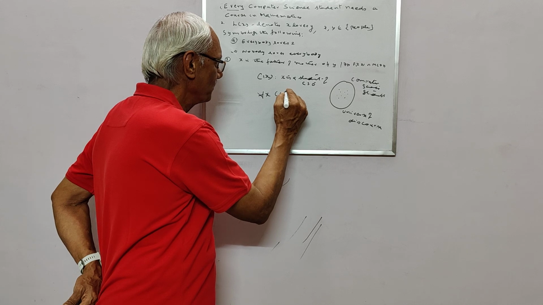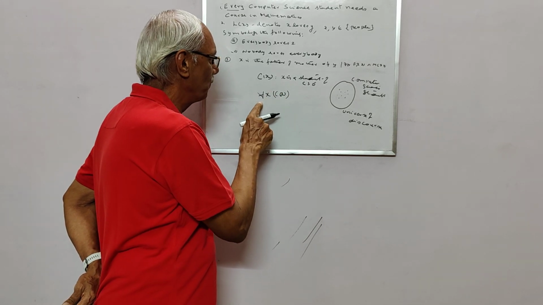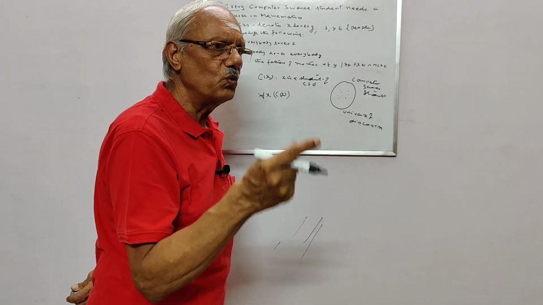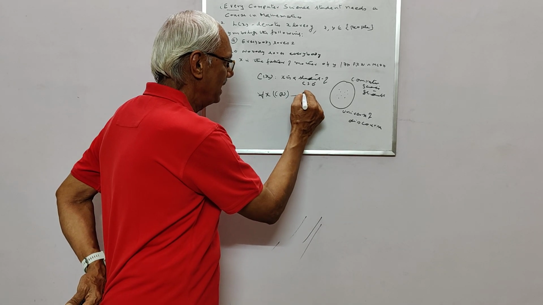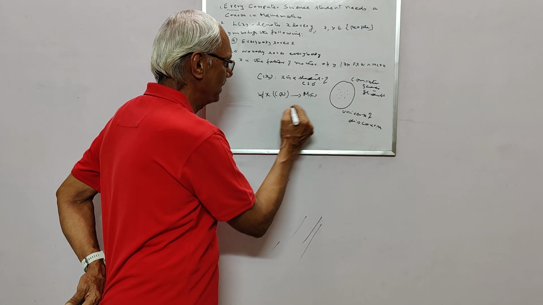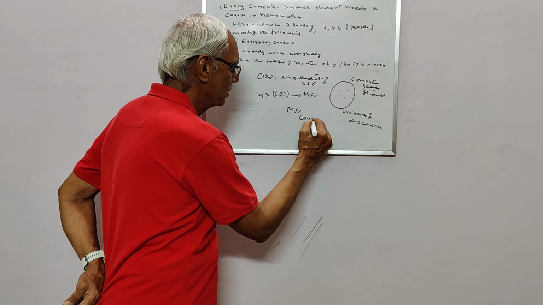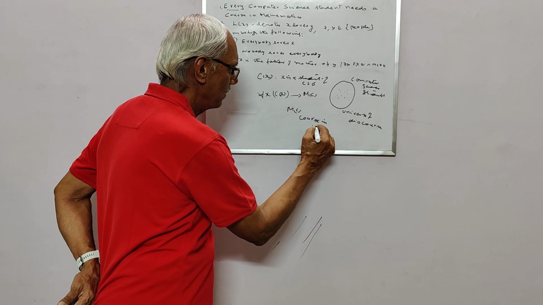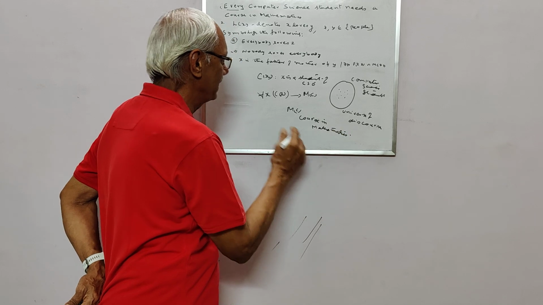This is a bound variable. For all x, C of x means every student who is a student of computer science engineering implies that he must take a course in mathematics. MC means a course, a course in mathematics. So I write like this.